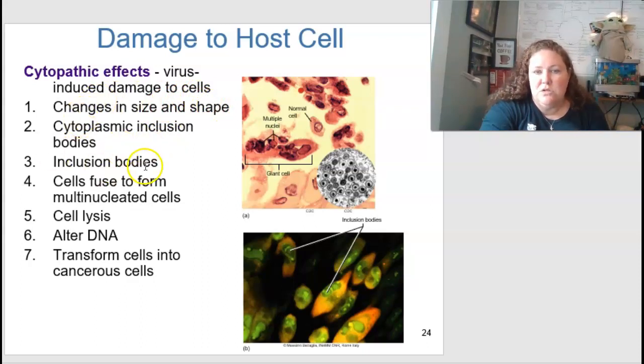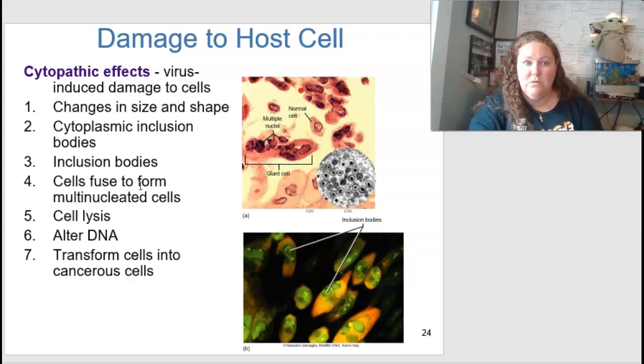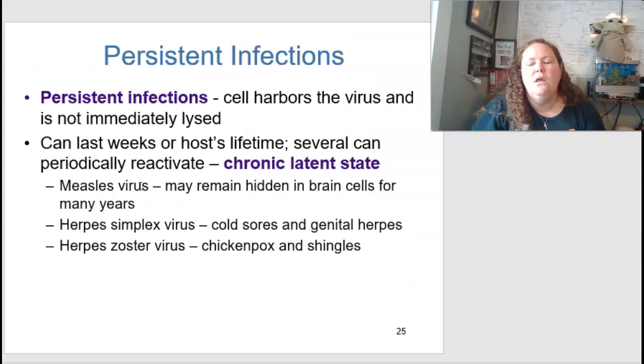We can have inclusion bodies. The cells can fuse to form multinucleated cells. We can break apart or lyse that cell. We can alter the DNA because we're hijacking it and taking it over to make it for the actual virus too, or we can transform cells into cancerous cells with uncontrolled replication, and that can be really bad.